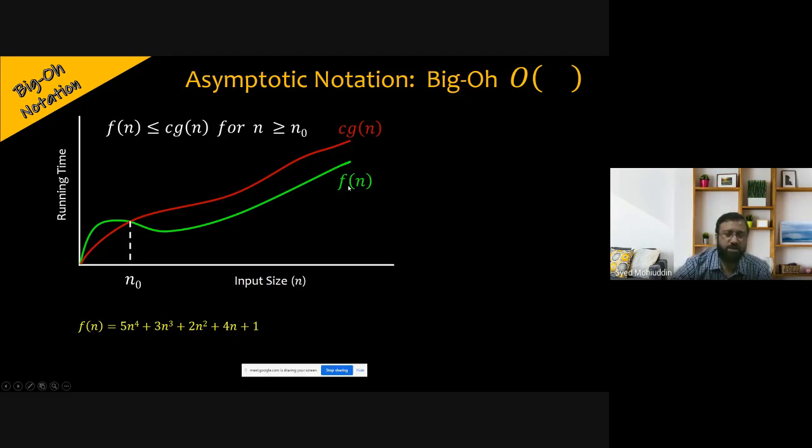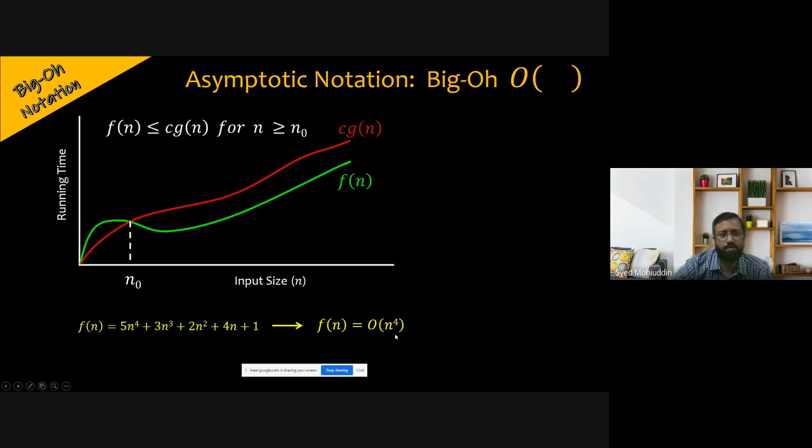When f of n has highest degree n power 4, g of n can be n power 4 or more. But since f of n is less than or equal to c of g of n, we can simply say that f of n is equal to O of n power 4.